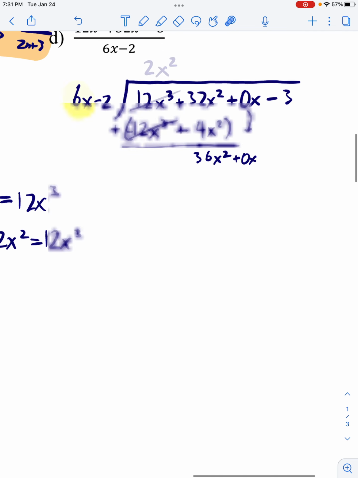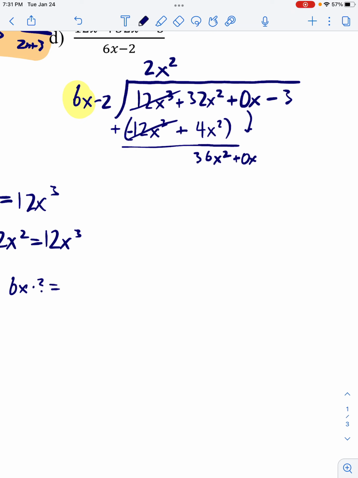6x and 36x squared. 6x times what equals 36x squared? Well, 6x times 6x equals 36x squared, okay? So we're going to do a plus 6x up here. And then again, multiply through. 6x times 6x is 36x squared. 6x times minus 2 is minus 12x.